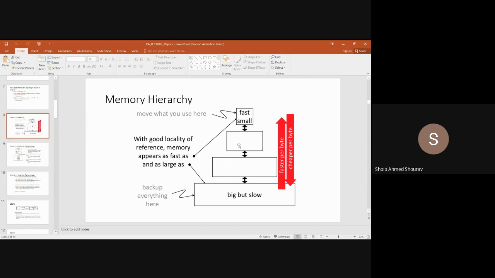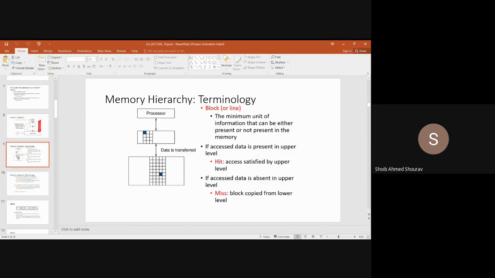If something is not present in the cache, it is a miss. If something is present in the cache, it is very fast, we can access that, and that is a hit. So we have seen what a hit is: accessing data present in the upper level is a hit, and accessing data absent in the upper level is a miss.